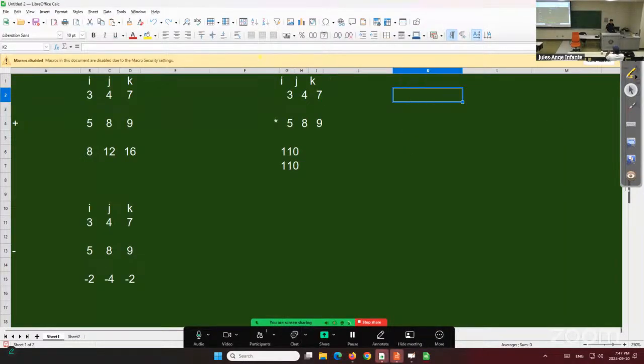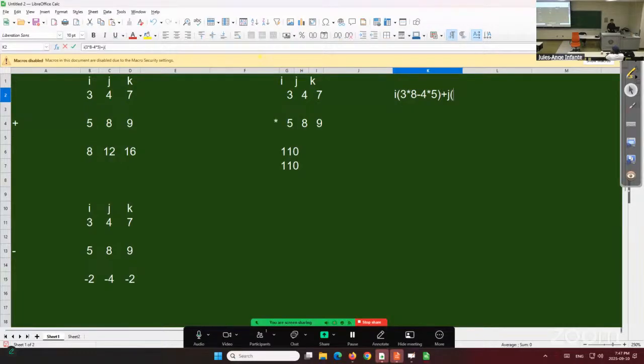What is the cross product? Okay, so the cross product would be I minus J plus K, right? So I times 3 times 8 minus 4 times 5, correct?